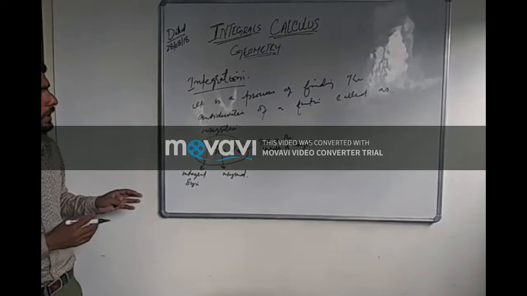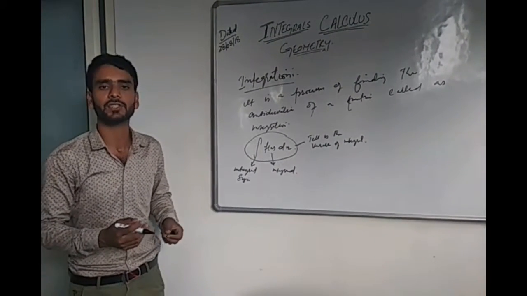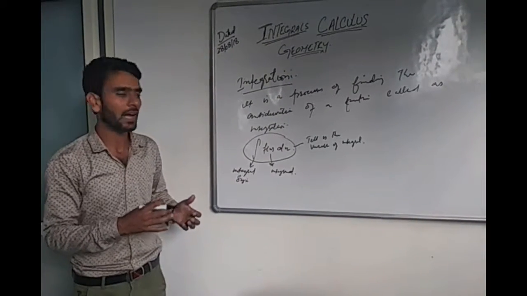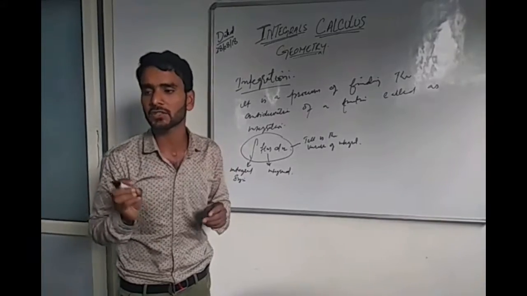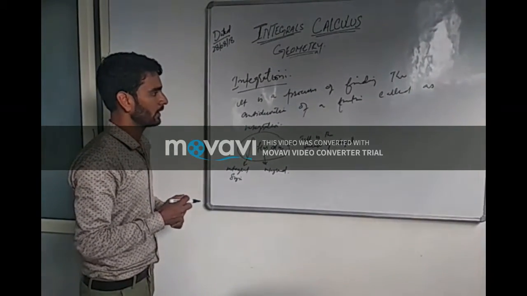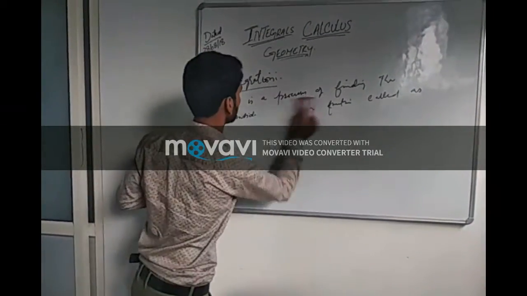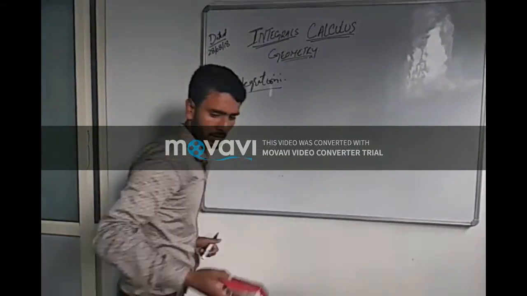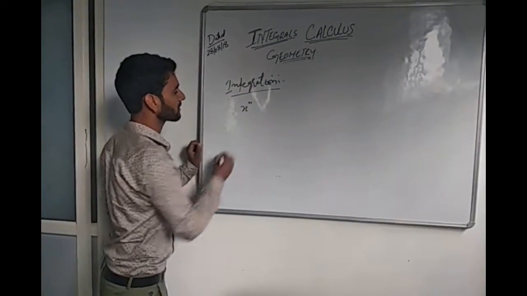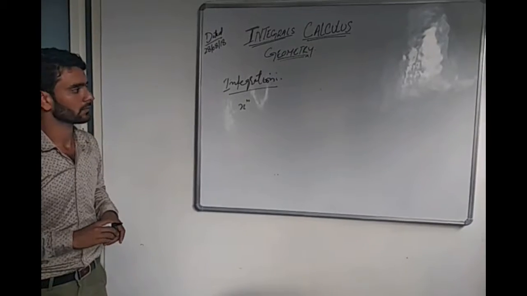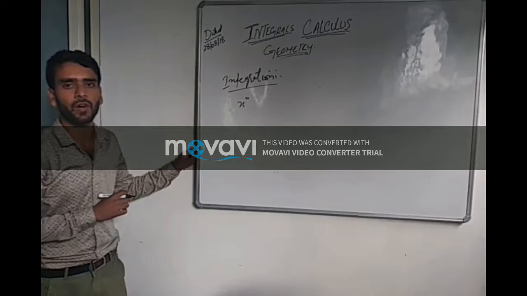When we are doing integration, we have to follow a procedure. As in differentiation, in integration we have a two-step procedure. For example, if we take x raised to the power n, first we will see the two steps to be followed.